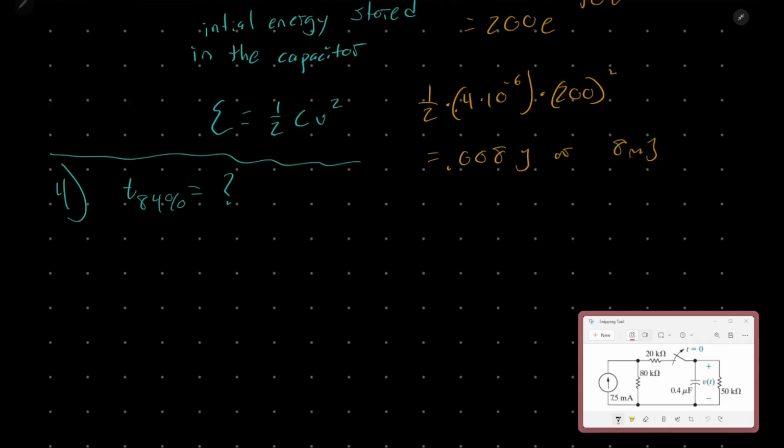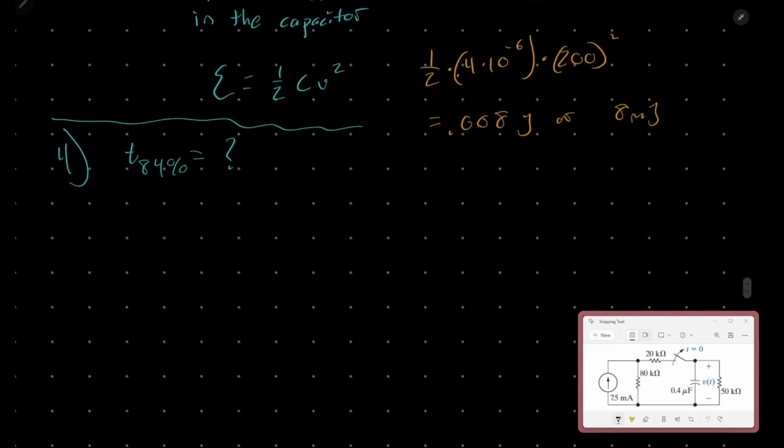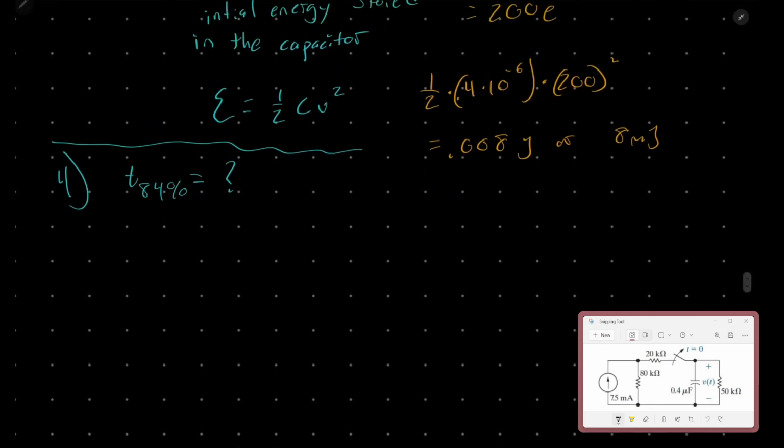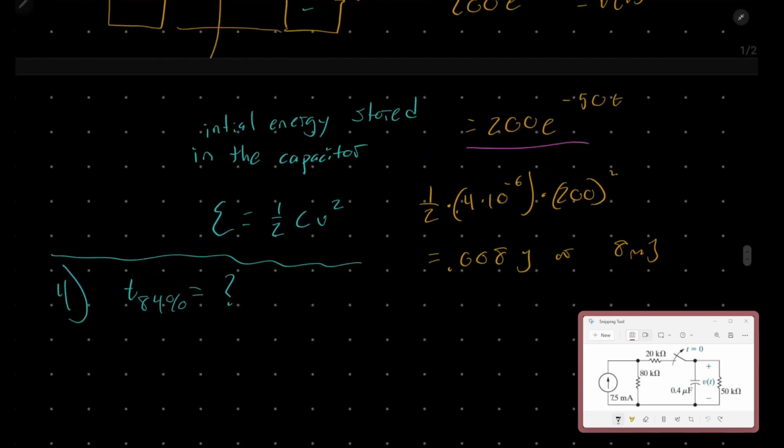Okay, so now we want to find the length of time required to dissipate 84% of the initially stored energy. In order to do this, we're going to take our energy equation from up above and rewrite it with this as our voltage.